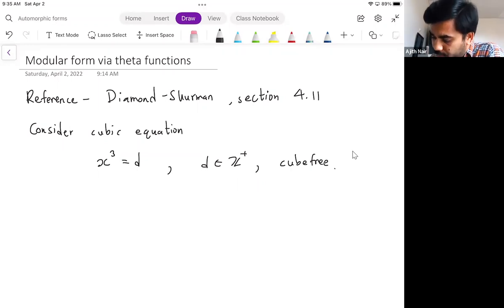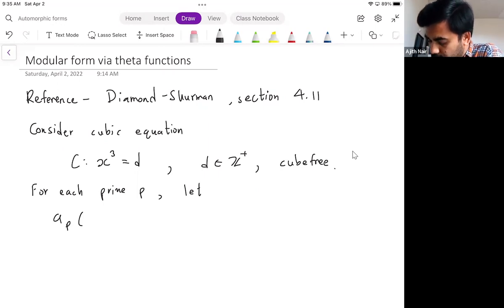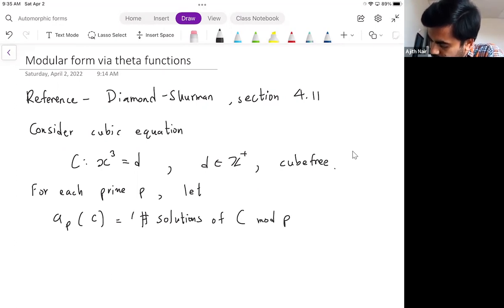For each prime p, let a_p of C, where this equation I'm calling C, be defined as the number of solutions of C modulo p, minus 1.